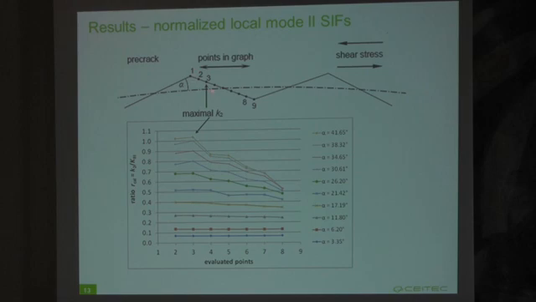And we evaluated the local mode 2 stress intensity factors along this line at these nodes. At the corner nodes, it's not well defined, so between the nodes 2 and 8, we evaluated the local mode 2 stress intensity factors, which are here in this graph normalized to the global mode 3 stress intensity factor, which would be valid for a straight crack front in the same specimen and loading.